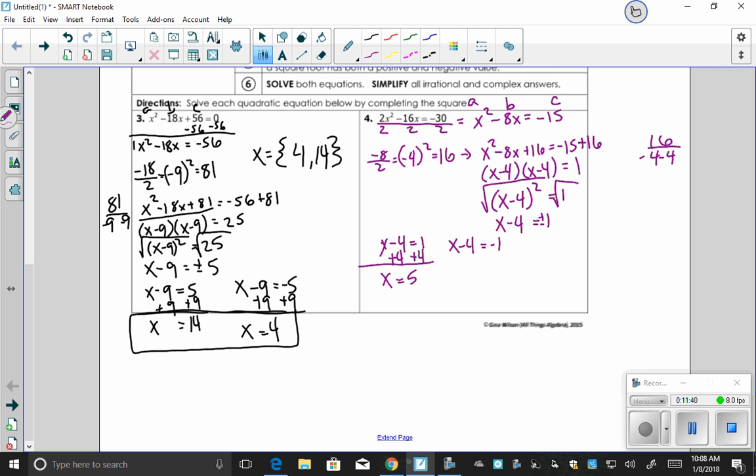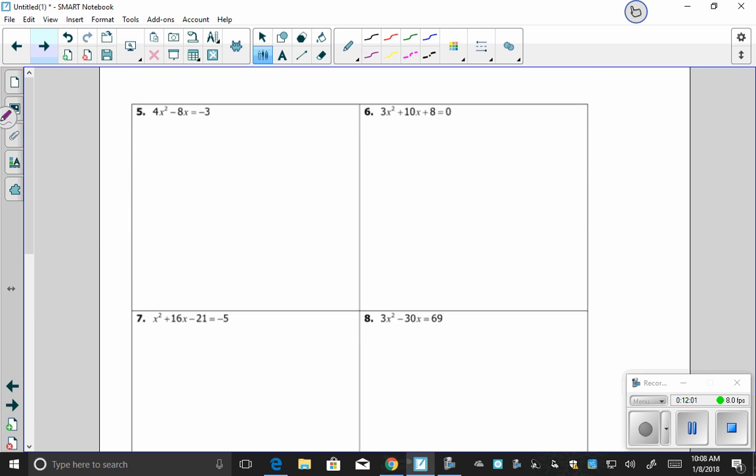X equals 5. Add 4. X equals 3. If you have any questions, please raise your hand. Let's look at the next problem.